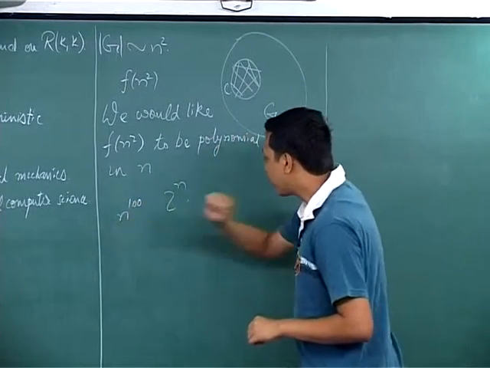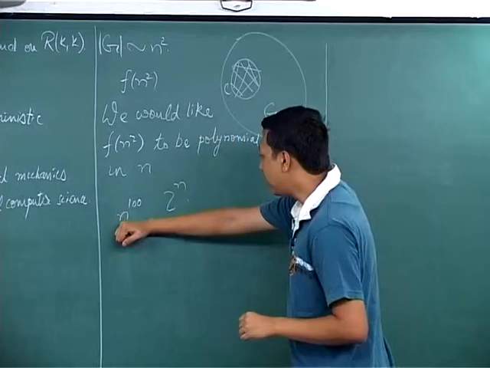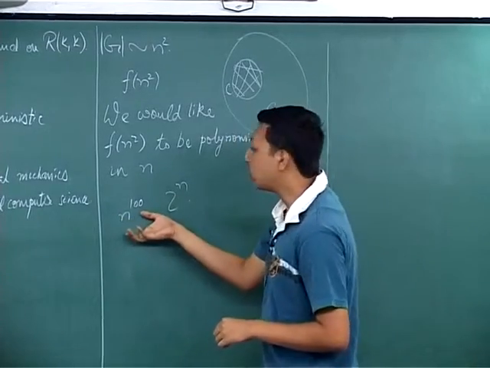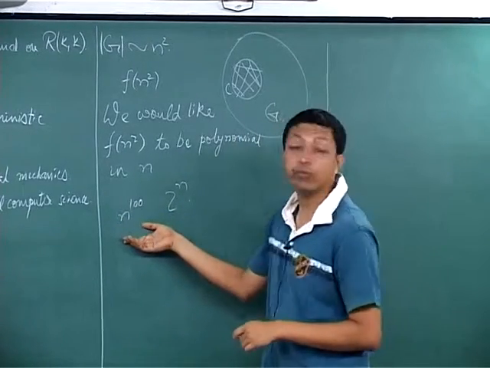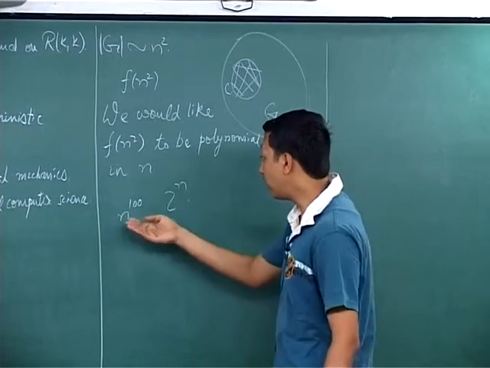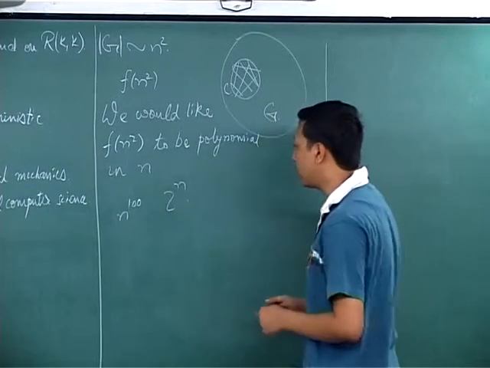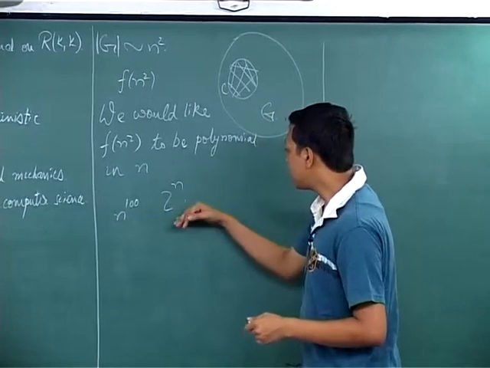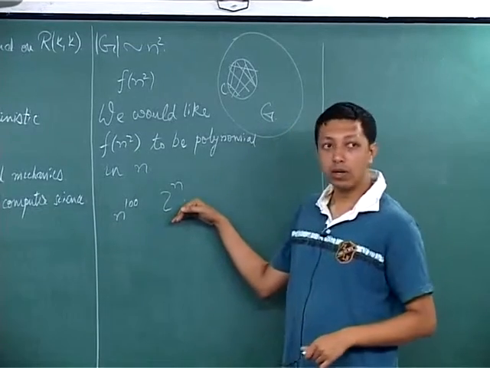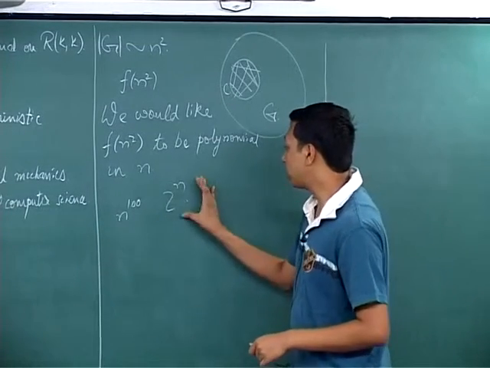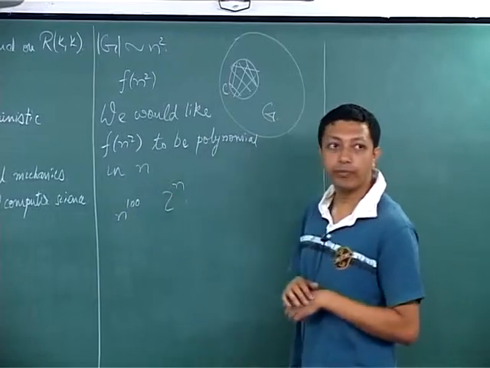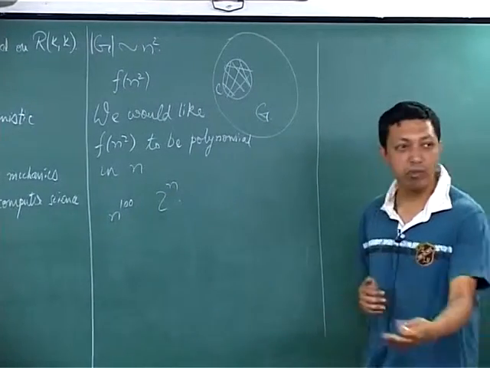Now, if you take n to be some value like let's say 30, or any slightly large value, what you will get is that this number is much larger than this number. I mean, it grows extremely fast.